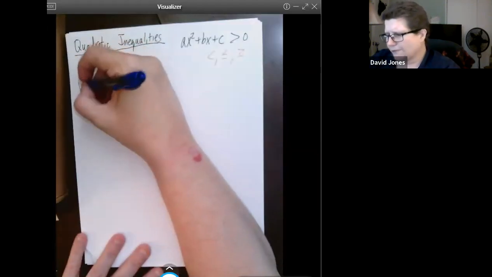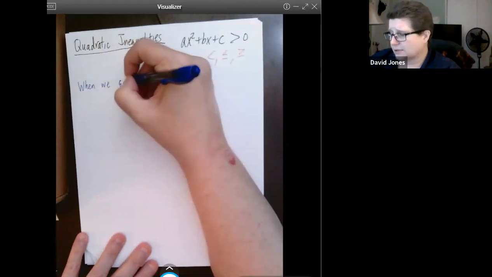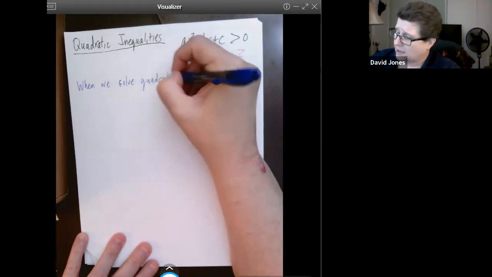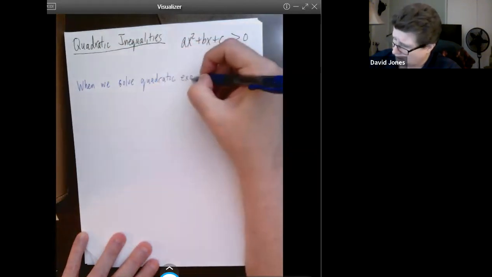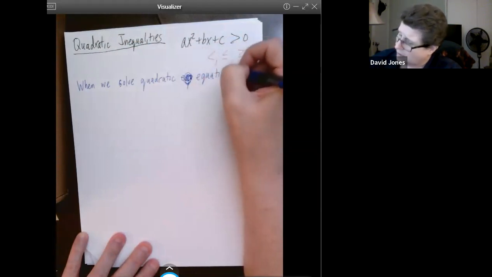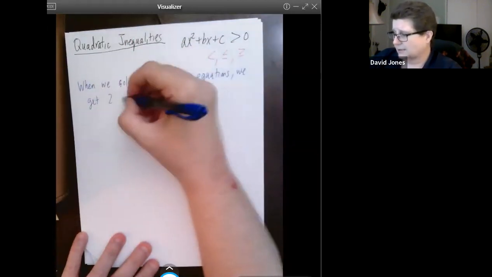When we solve quadratic equations, we get 2 possible values for x.